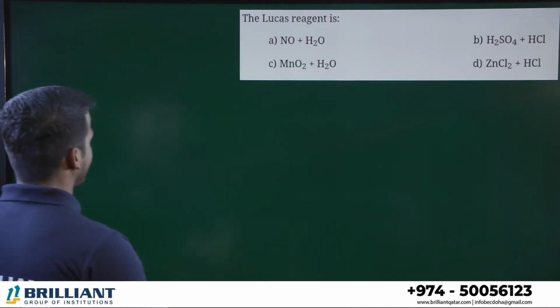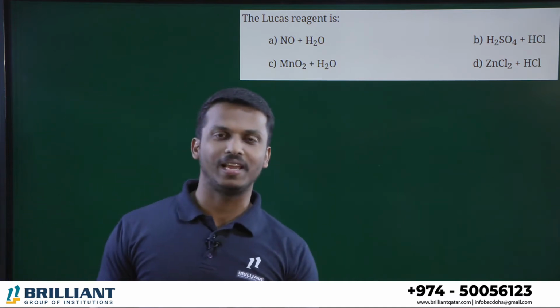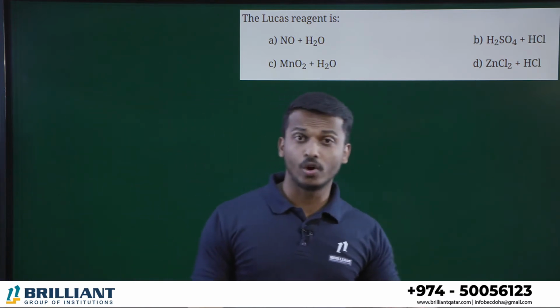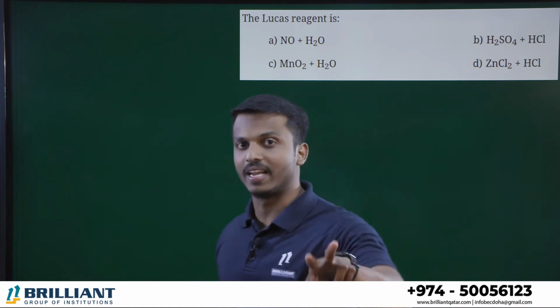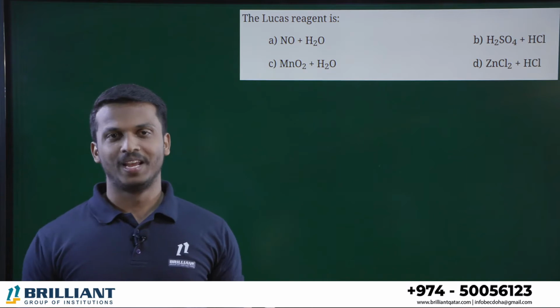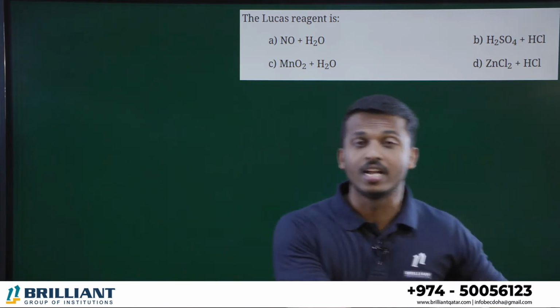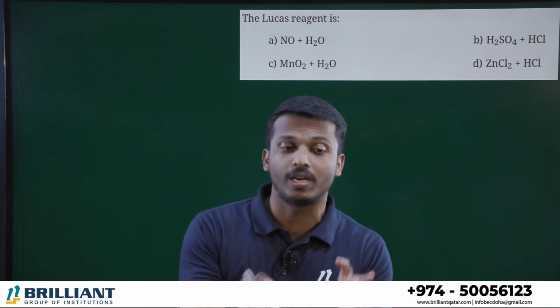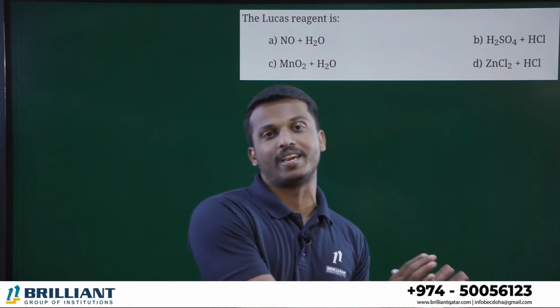Here a simple question is provided for you. What is chemically the Lucas reagent? You know we use the Lucas reagent to distinguish between primary, secondary and tertiary alcohols. Tertiary alcohol gives immediate turbidity, secondary alcohol gives turbidity after 5 minutes, and primary alcohol forms turbidity only by heating.